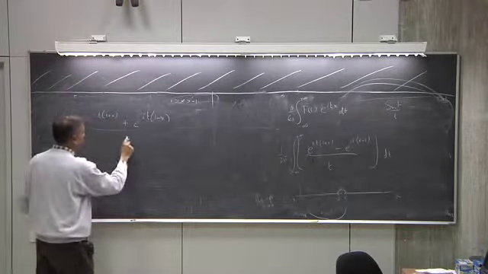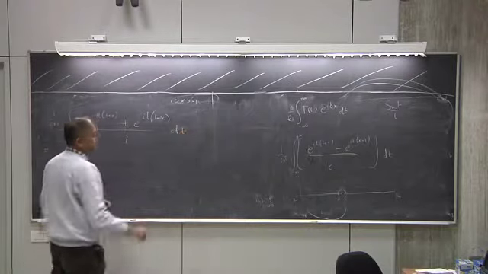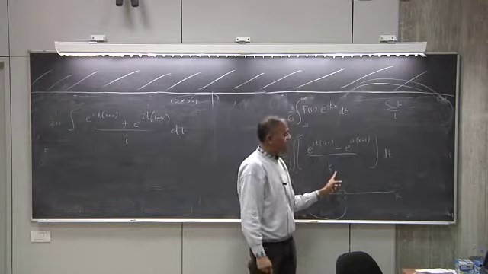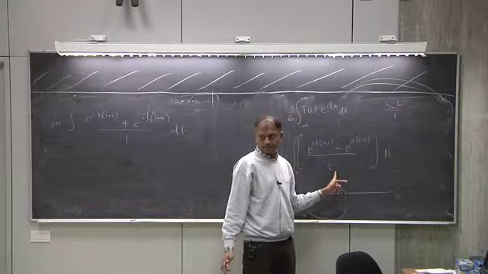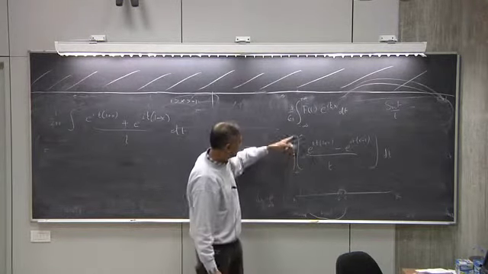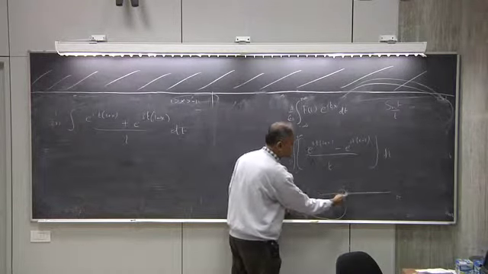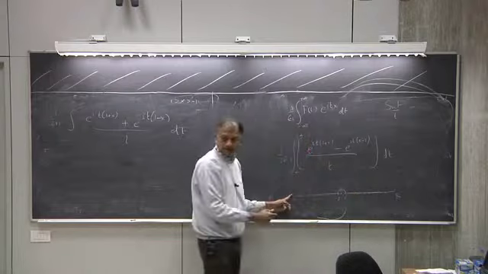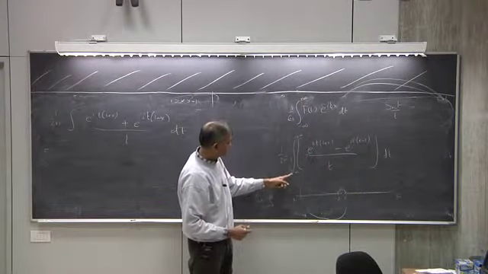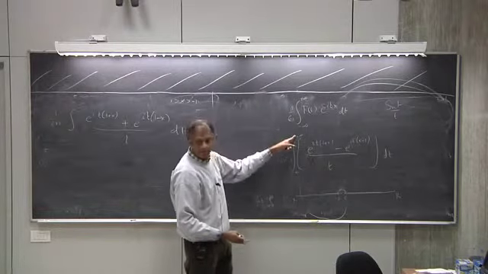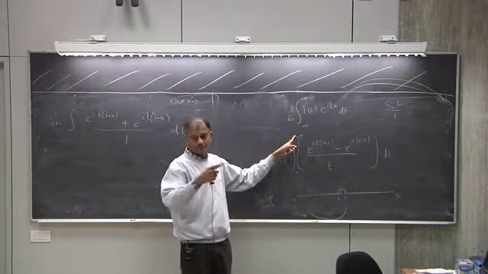Okay, I'll explain why. When I change t to minus t, the dt by t remains invariant. However, the limits change, right? I mean, the limits from minus R to minus epsilon and plus epsilon to R change. So for example, minus infinity becomes plus infinity, and that becomes minus infinity when I take t to minus t.